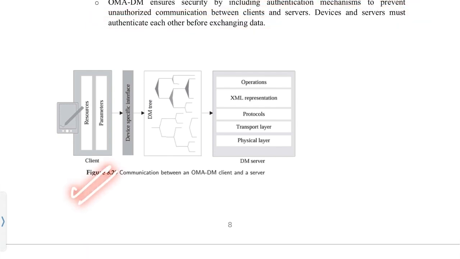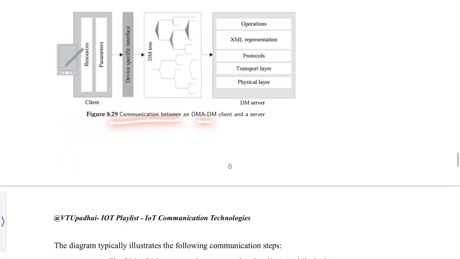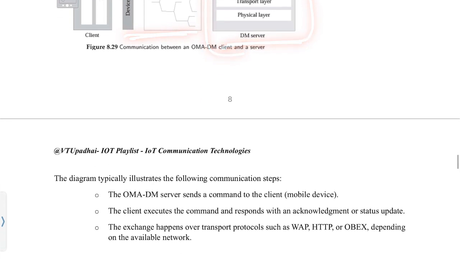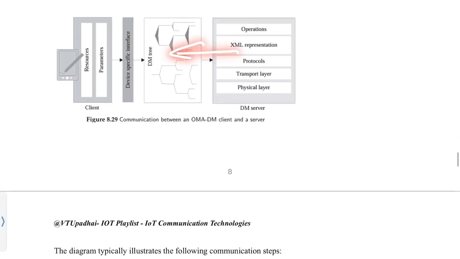So looking at this figure, which will explain the communication between an OMA-DM client and a server. Here we have the client, which comprises all the resources and parameters. Here the client could be the mobile phone also. Here we have a device-specific interface, the interface on which we will get the request and response message tree, followed by the DM server, where, in order to start the communication, the messages are sent from here.